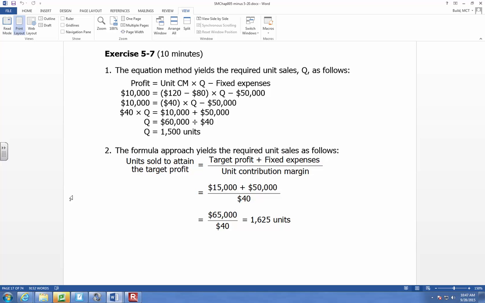5-8. Here we are. Oh, look, margin of safety. You guys should be able to teach this. I'm a distributor of a sun umbrella used at resort hotels. That sounds fun, actually. Data concerning the next month's budget appears below. I sell them for $30 a pop.